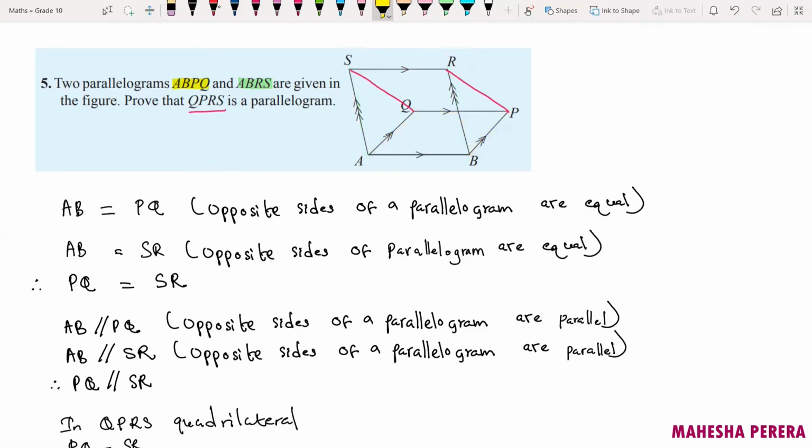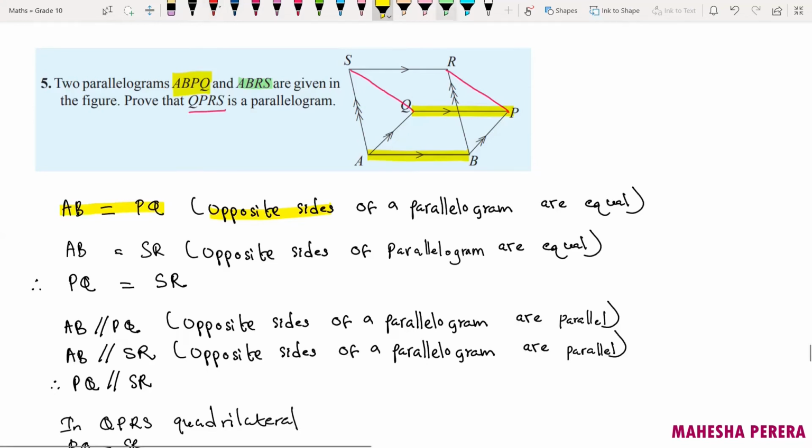If you consider this ABPQ quadrilateral, AB side is equal to PQ side, right? Because these are opposite sides of this parallelogram. So you can say that AB equals PQ. The reason: opposite sides of a parallelogram are equal, right?